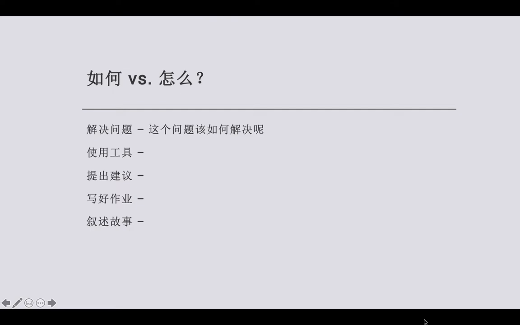Firstly, 使用工具, to use this device. 使用 is a verb, use. 工具 is device. En français, c'est outil. So, you will have some more time to compose your own sentence.